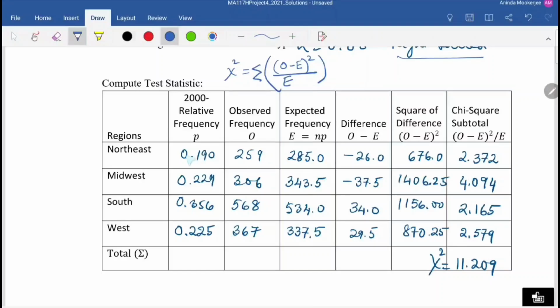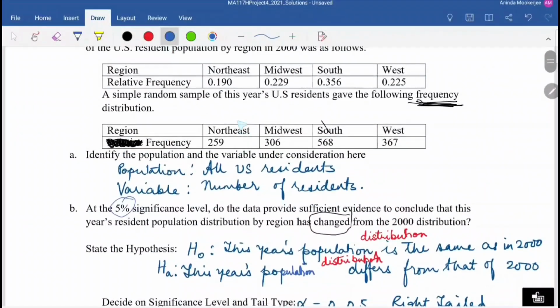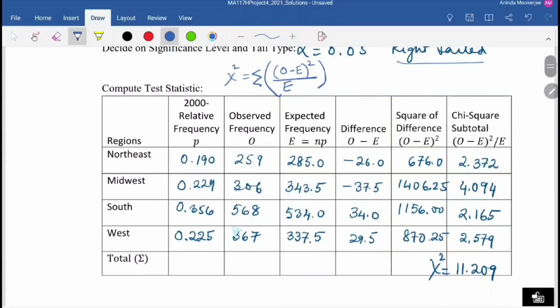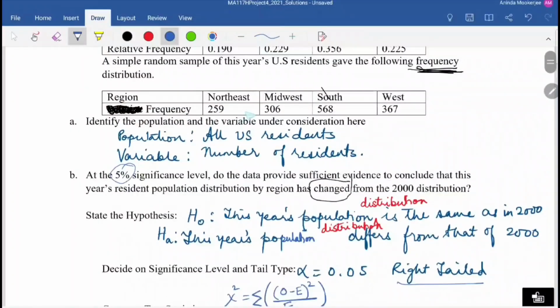In the second column, we are just noting the values already given to us. There's no calculation involved. And it's the same thing for the observed frequency O, which we are just copying from what was given to us in the second table.